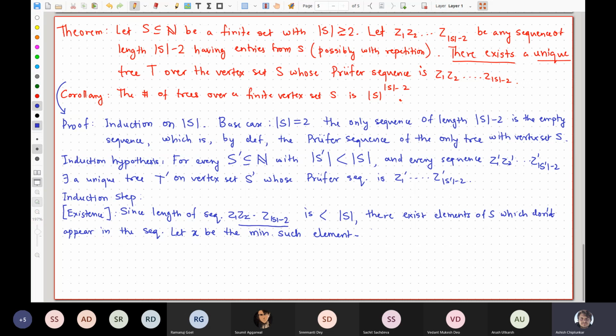Let S prime be equal to S minus X, remove X from the vertex set. Now Z2 to Z size S minus 2 is a sequence of length size of S prime minus 2, with entries from S prime.